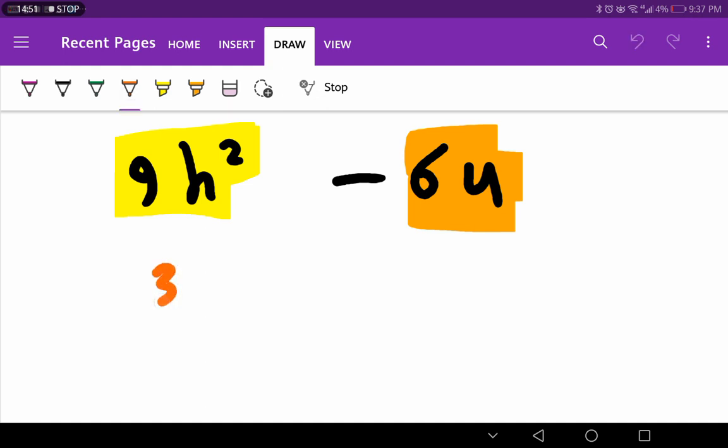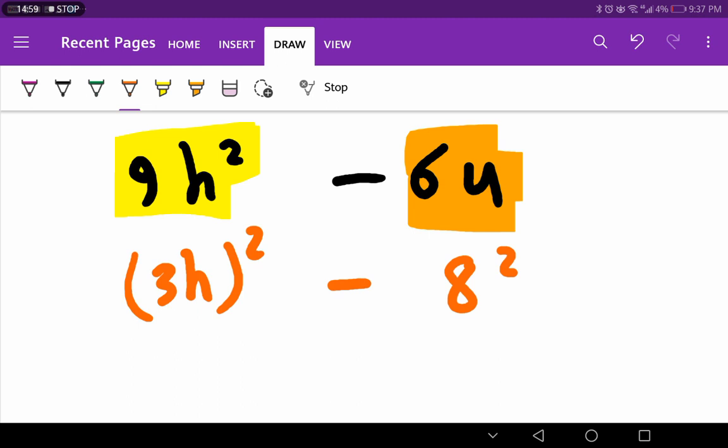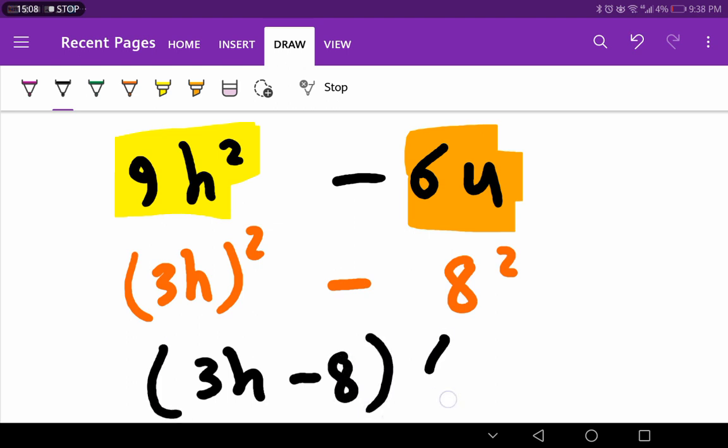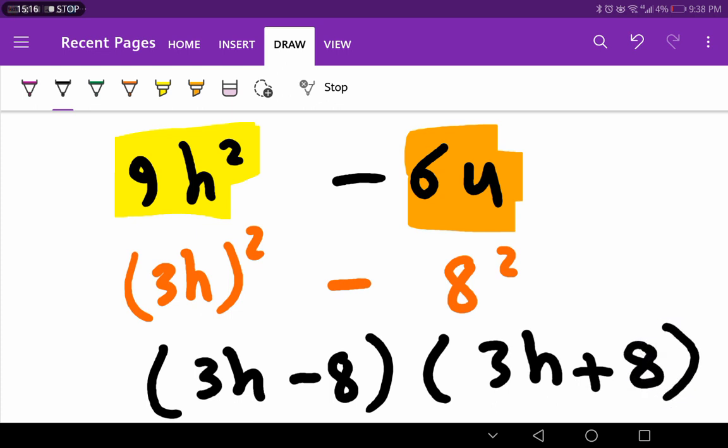This is coming from 3h square, yes? And this is coming from 8 square. Good? Good. So the answer will be 3h minus 8, and 3h what? Positive or minus? Positive. They must be different because we don't have a middle term here. We have only first and last term. So the sign must be different. Okay, are you happy with that, my dear student?